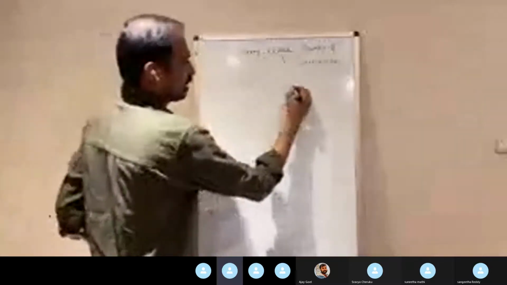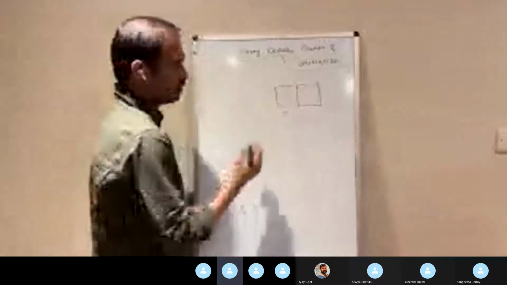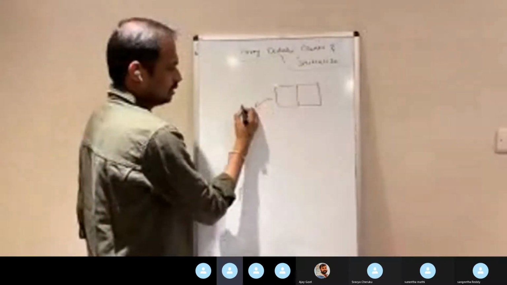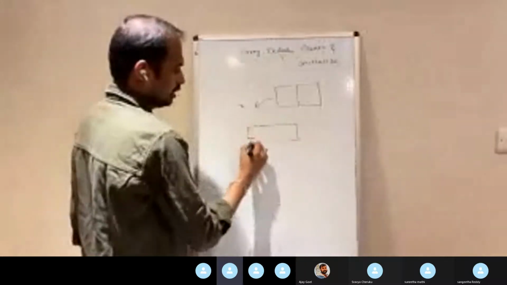So suppose I have an index of 2. This is x. Again I have an index of 3.